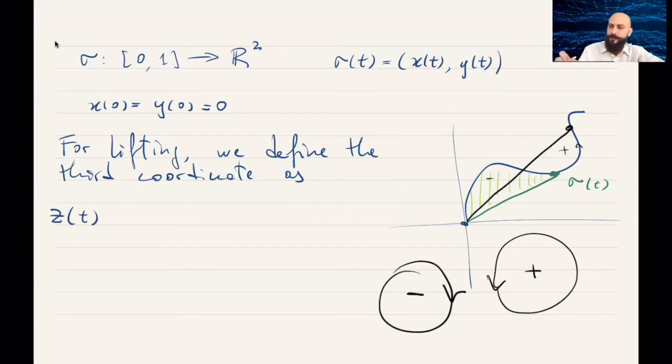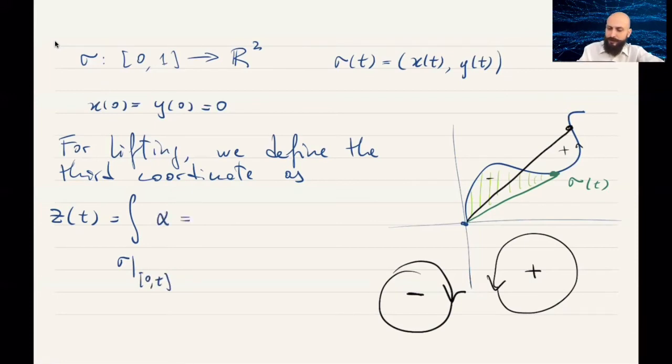Okay, going back to the definition of the signed area, this is expressed as the integral along the curve sigma restricted to 0 to t of the form alpha.